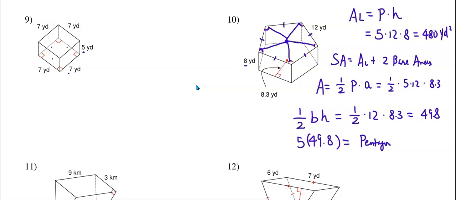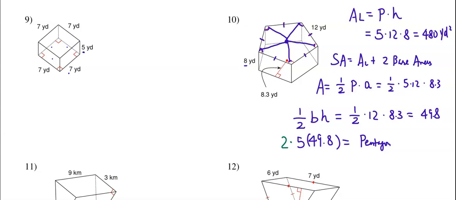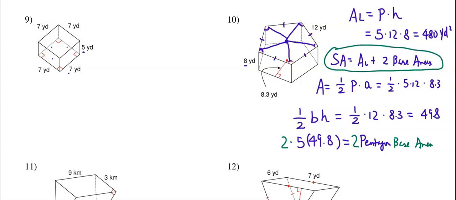And once I have this base, it is just one of the bases. I need 2 bases. So I need, let me get a different color, it's getting a little bit busy here. I need times 2, so I have 2 pentagon base areas here. And once you get that, you add them all together, then you will get your surface area.